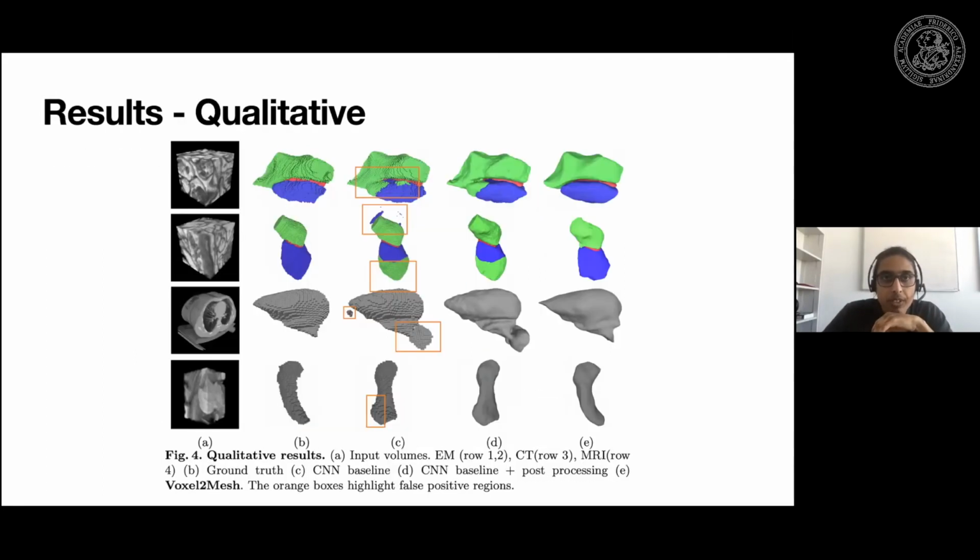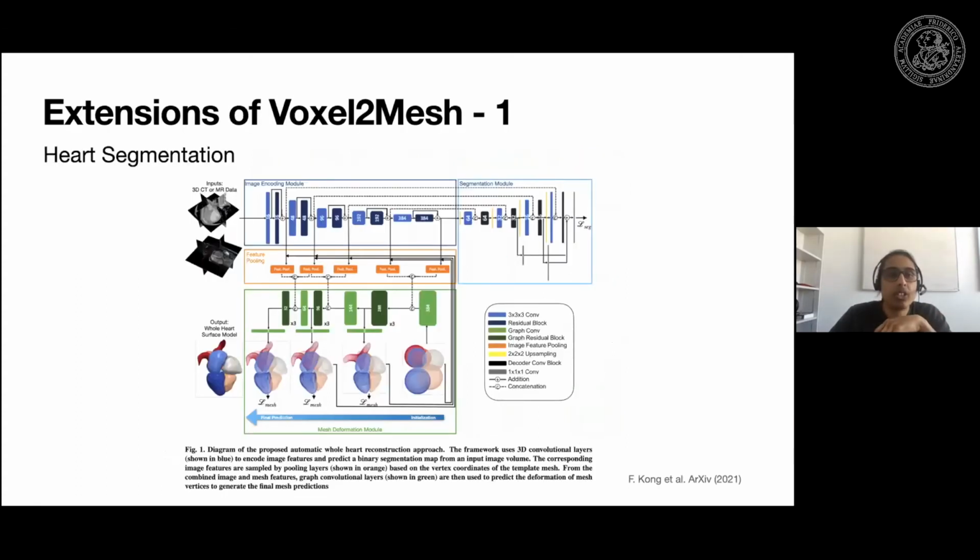So, okay, this was our work for MICCAI 2020, and then there was one paper that came a couple of weeks ago, about a month ago, that extended Voxel2Mesh to model hearts in MRI images. That was done by a group in Berkeley, and they improved the Voxel2Mesh architecture.